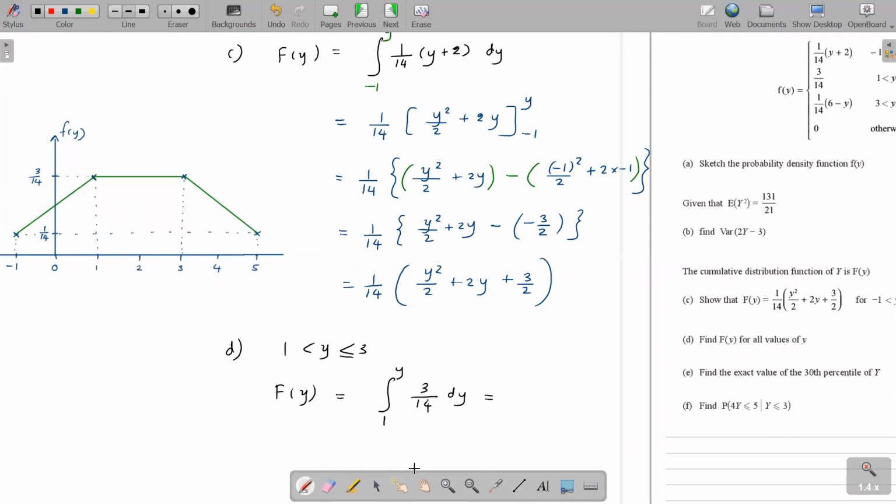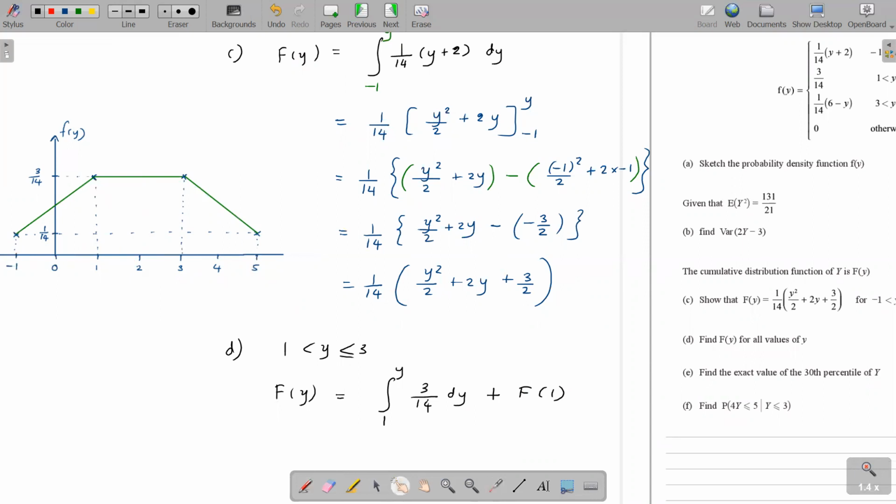Because we need to get the area also behind this, we need to add capital F(1). Capital F(1) we can get from the earlier graph, and we need to add it over here. So capital F(1) plus the area from 1 to whatever y value we give gives us the total cumulative area behind the y value.